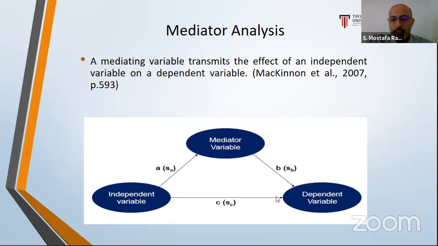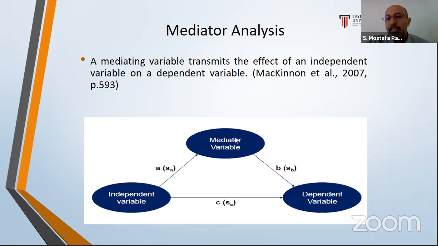Mediator hypothesis. In many studies, based on the objective of the study, we have to assess some variable, and this variable is called a mediator or mediation. A mediator variable is a variable whose role is to transmit the effect of the independent variable to the dependent variable.